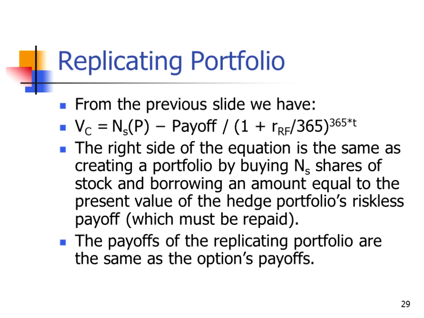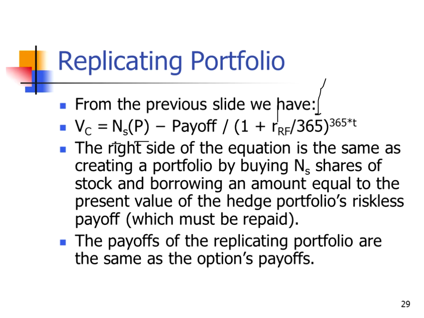From the previous slide, we have seen that the value of the call option is equal to the number of stocks multiplied by the price of each stock minus the payoff divided by 1 plus the risk-free rate, raised to the number of days that you are taking the loan for, just to get the present value of the call option.